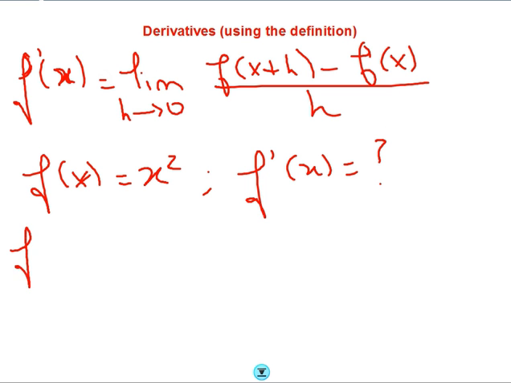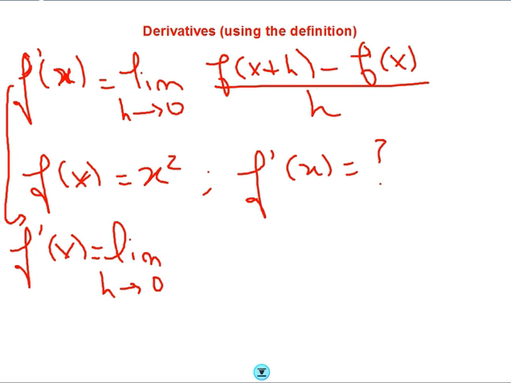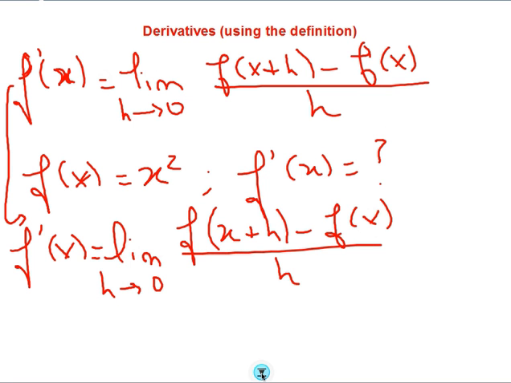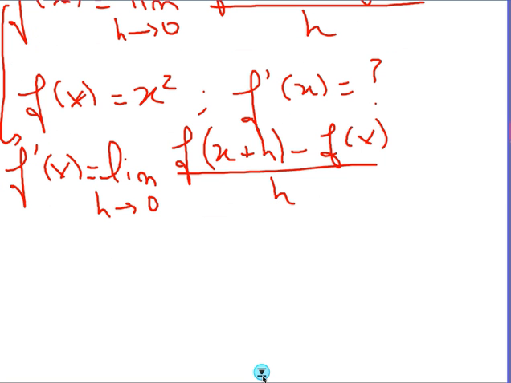Using the definition, f prime of x is equal to the limit as h tends to 0 of f of x plus h minus f of x over h, which is equal to the limit as h tends to 0.